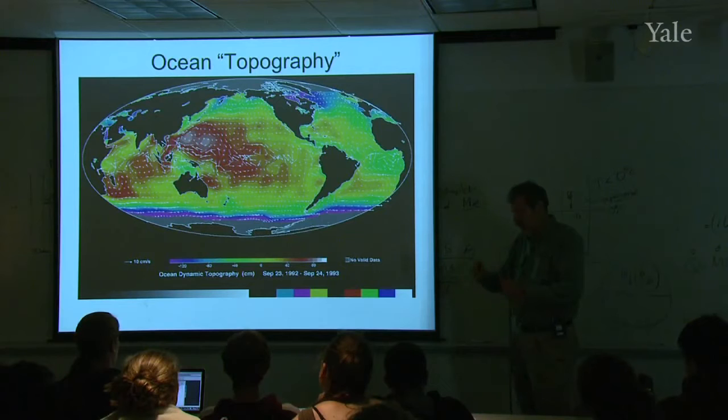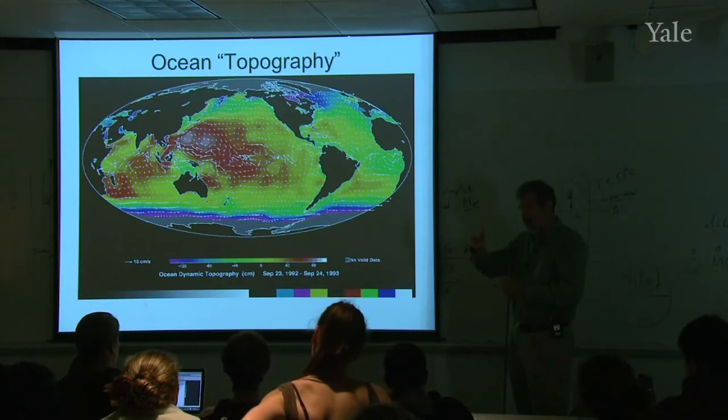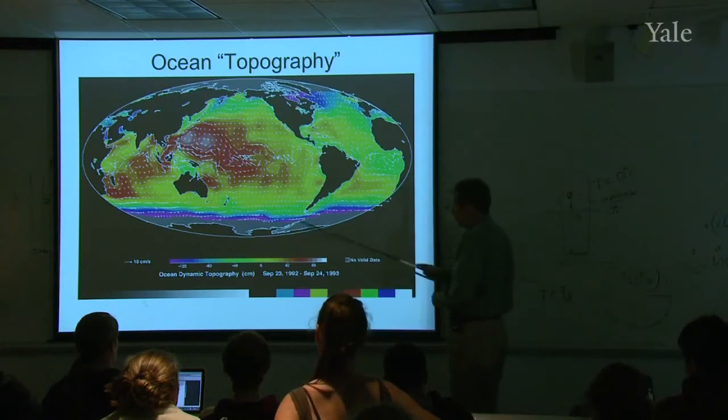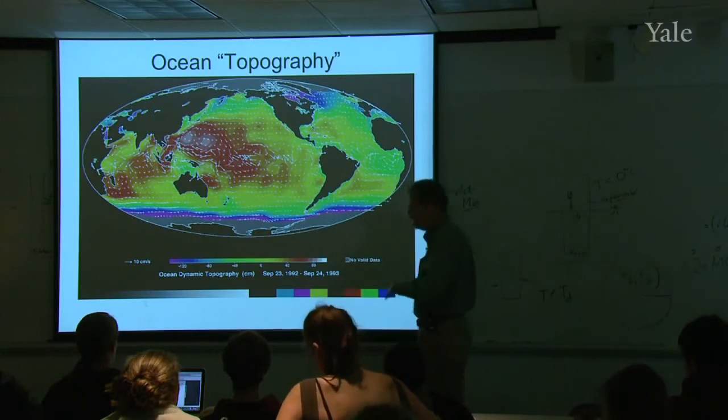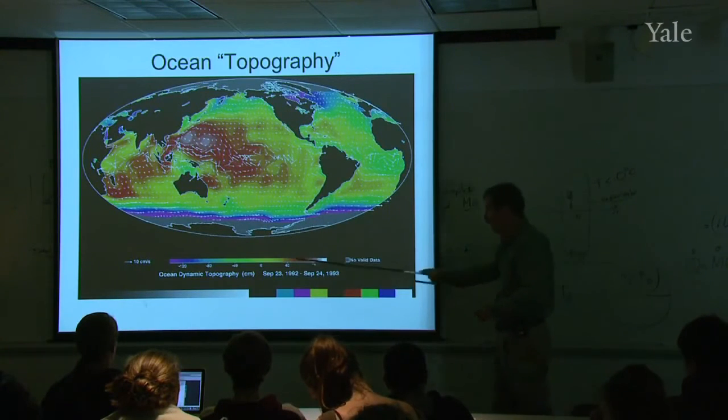And we were able to measure ocean height for the first time within a few centimeters of accuracy. Then, for the first time, we were able to actually make a map of this tiny little elevation in the Earth's surface. And here it is.